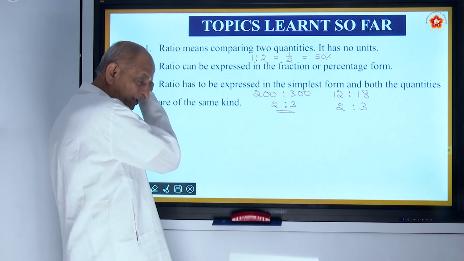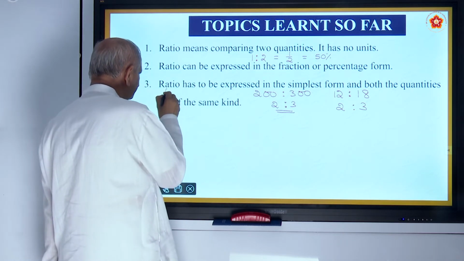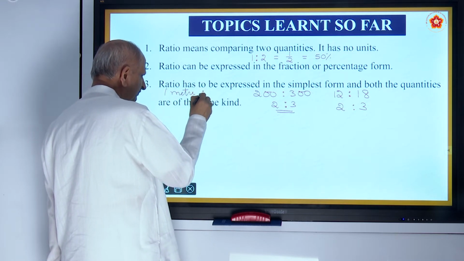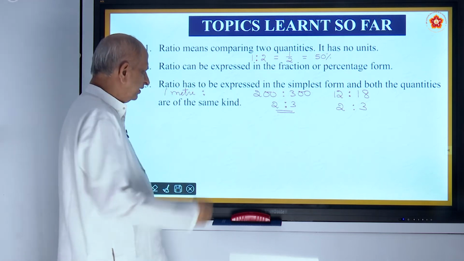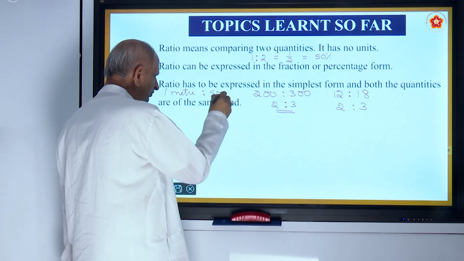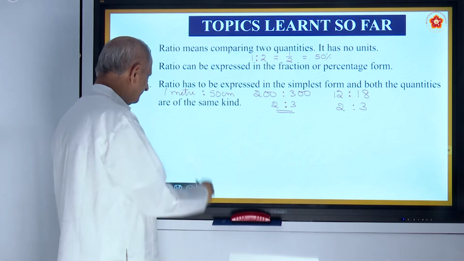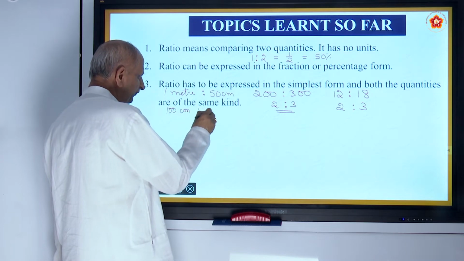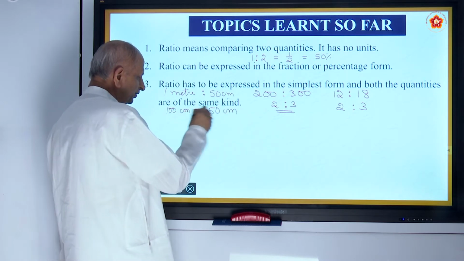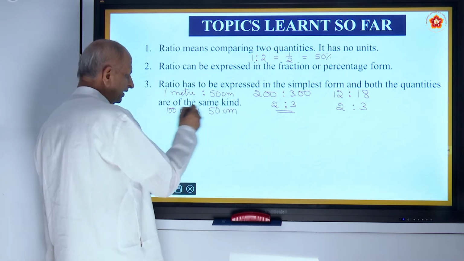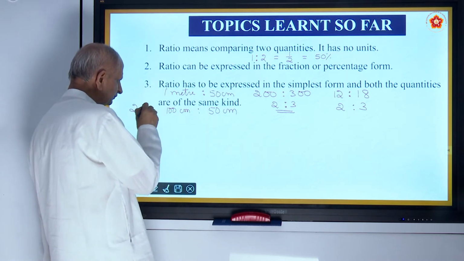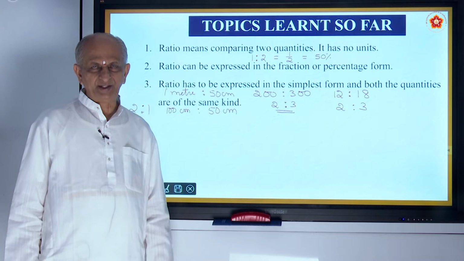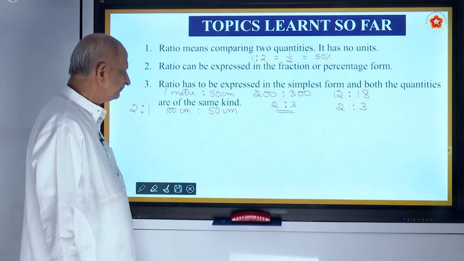For example, if the length of a line is say 1 meter, and the length of another line is 50 centimeters, then this is to be converted into the same unit. 1 meter equal to 100 centimeters is to 50 centimeters. So the centimeter cancels and the answer will be 2:1. That is what is meant by both quantities of the same kind.